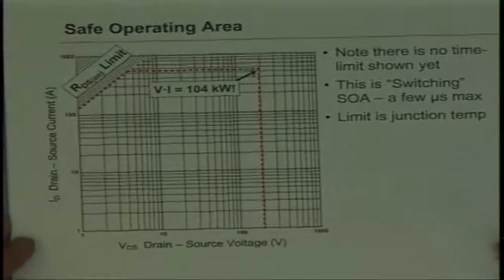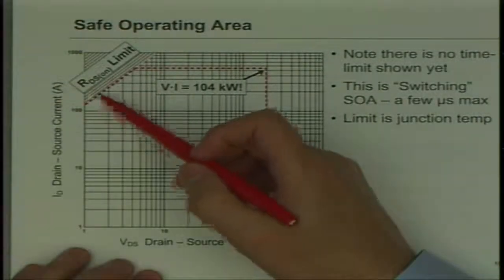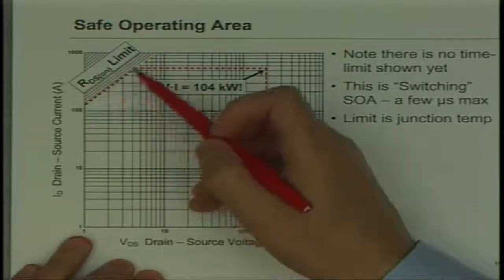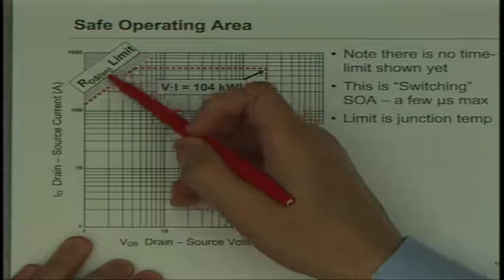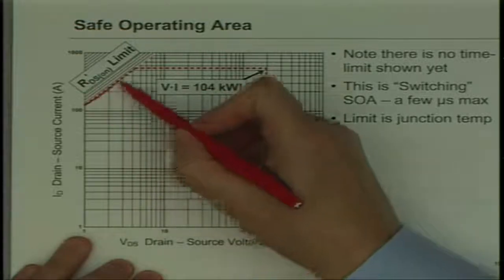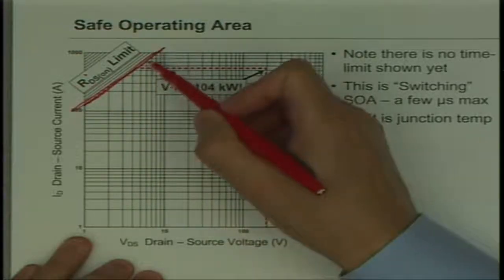So actually, the other thing we're missing is that you can't get up into this quadrant. In other words, if I'm able to pump 550 amps through the device, I couldn't be at 1 volt because the RDS(on) is large enough that this line defines what the RDS(on) is, right?